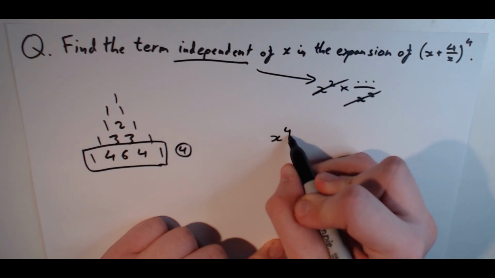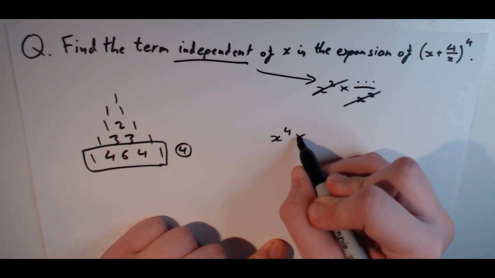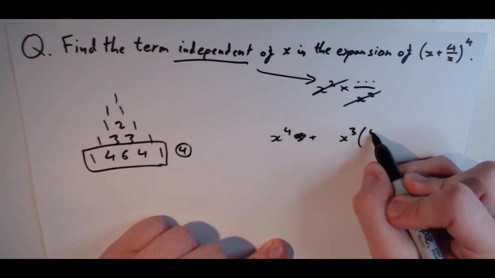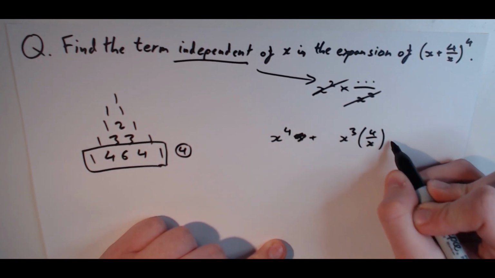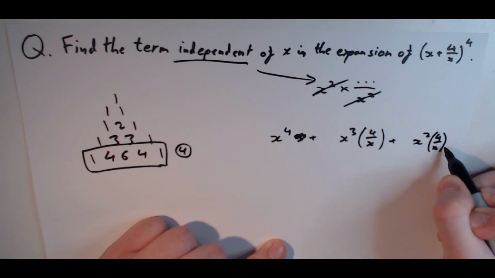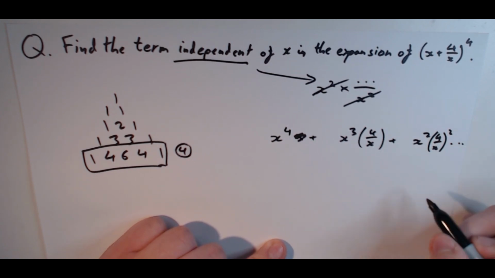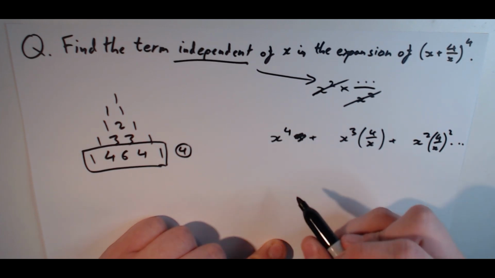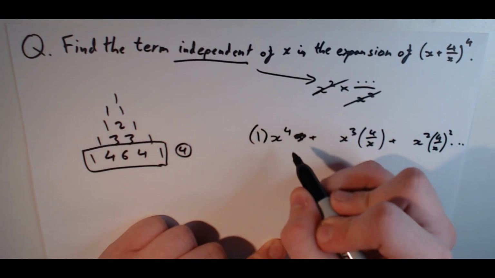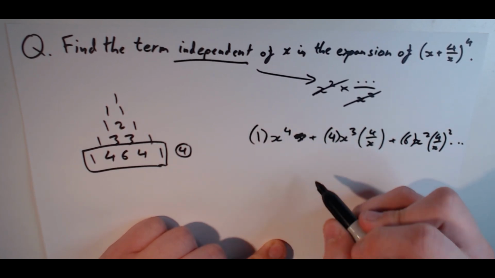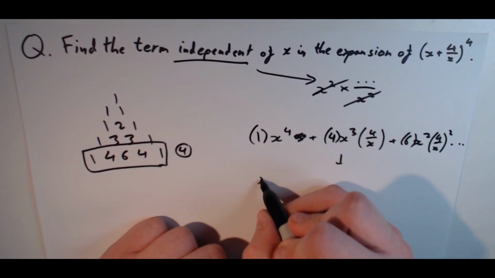So we're going to do x to the 4, plus x to the 3 times 4 over x, plus x to the 2 times 4 over x squared. And then we know those are going to cancel out, so we do dot, dot, dot to show that it's continuing on, but we don't care about those. Multiply these by the numbers in Pascal's triangle, and then we write it out fully.